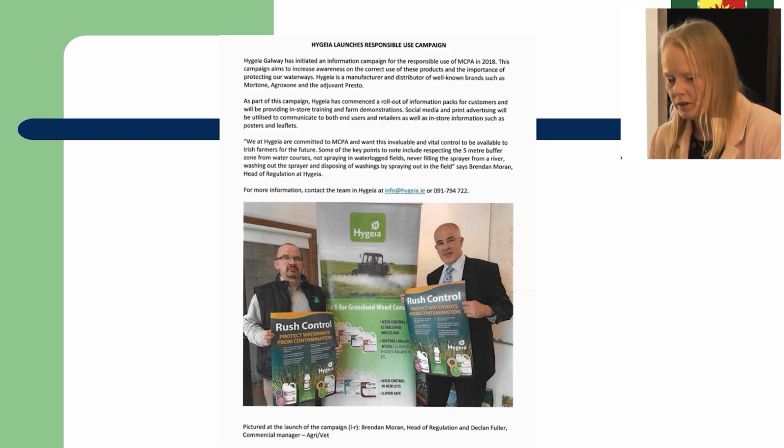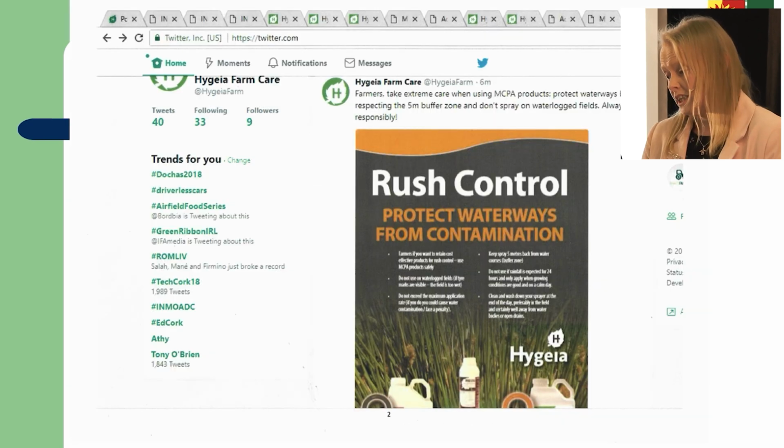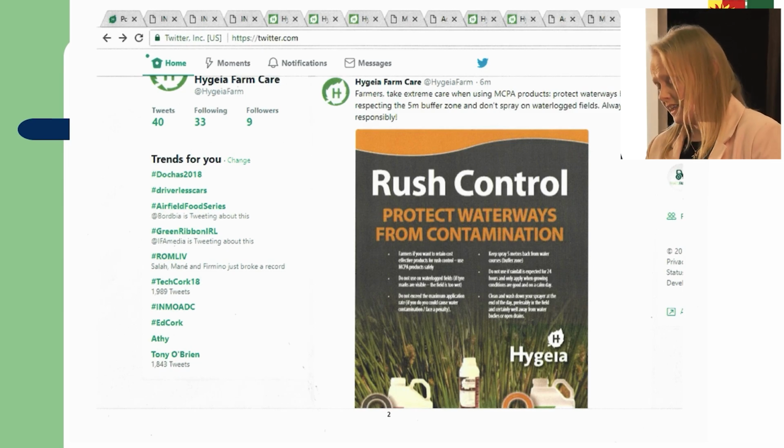Campaigns have also been run at meetings, the likes of this rush control to protect the waterways from contamination. Information meetings would have been held, and campaigns would also have been run on social media. So it's using every avenue we have to promote the good practice and to get the information out to the people on the ground and to the end user.